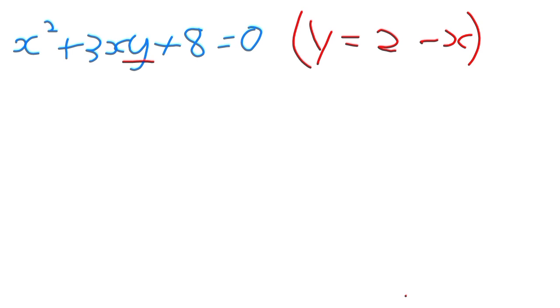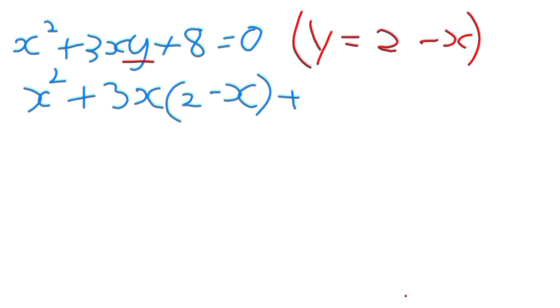So we have here x squared plus 3x into 2 minus x plus 8 is equal to 0. So again, what we do, good people, we simplify the equation. We are going to break the bracket here. So we multiply in order to do so.